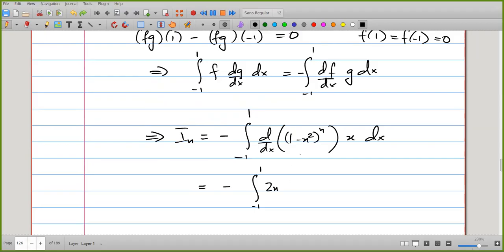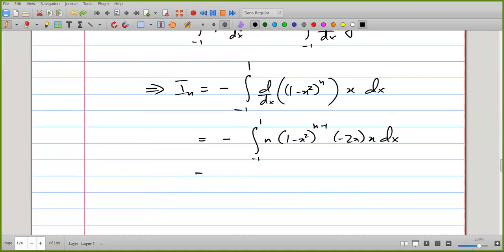Let me slow down. This is n into (1 minus x squared) to the n minus 1 into the derivative of 1 minus x squared, which is minus 2x, into x dx, right? Which is equal to 2n times the integral from minus 1 to 1 of (1 minus x squared) to the n minus 1 times x squared dx.